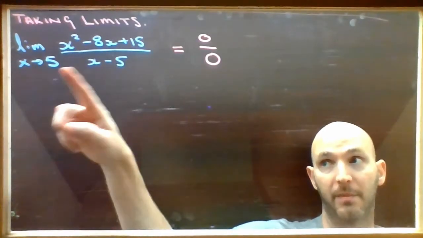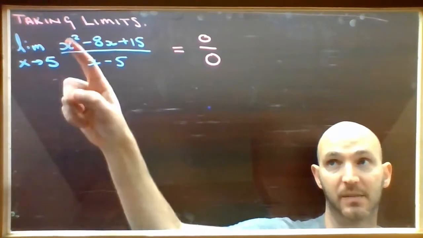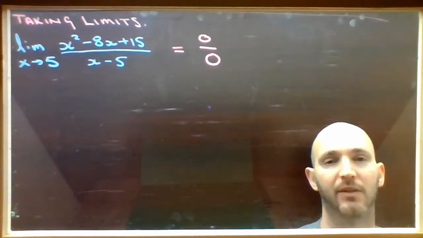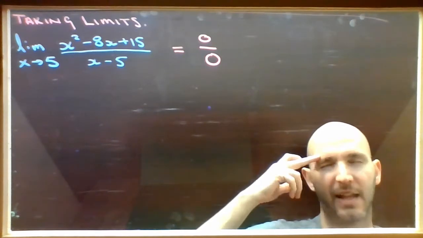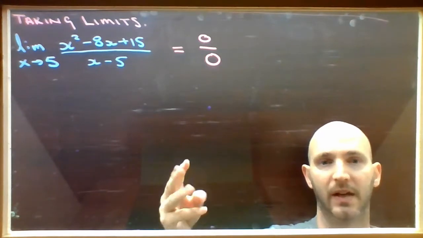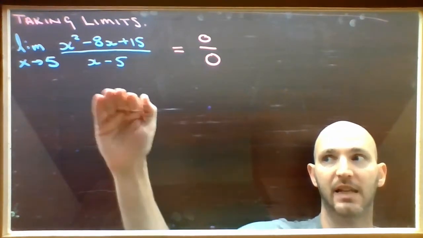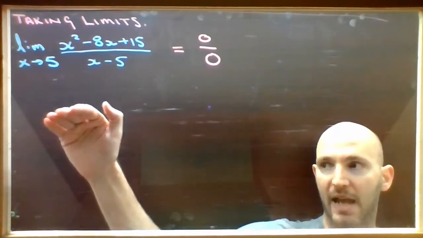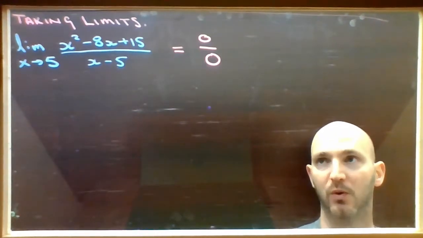When I tried dropping this number into this expression, I ended up with 0 divided by 0. And I had this whole conversation about that is either worth nothing, or it's worth something, or it's worth everything. And the only way to figure it out is to do some trickery with factoring, or manually enter in 3 numbers that approach.